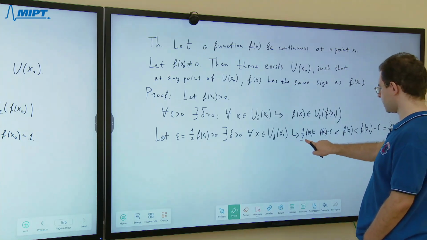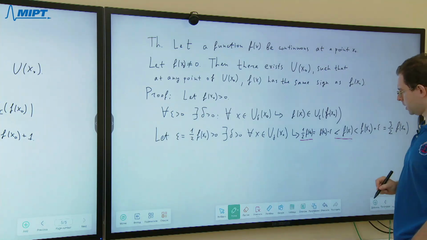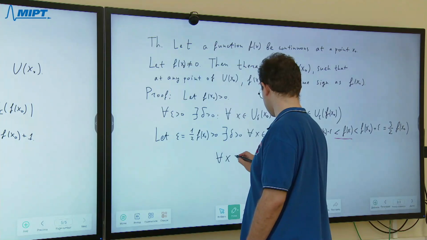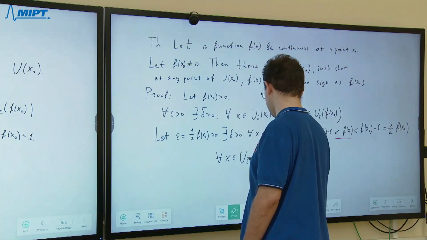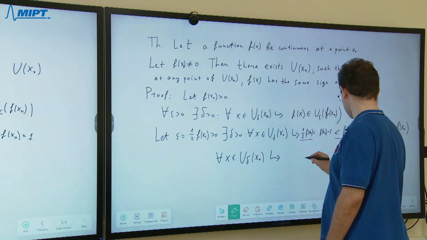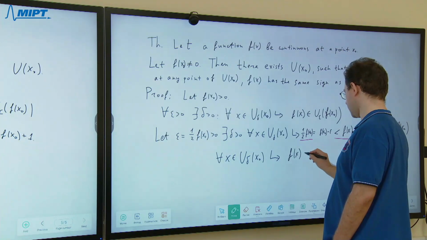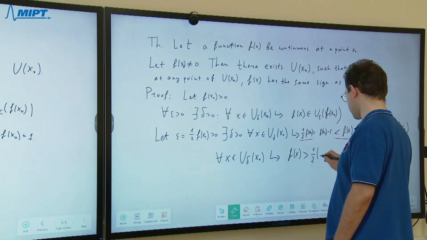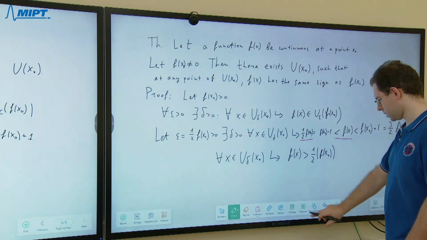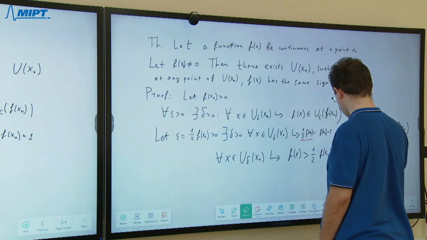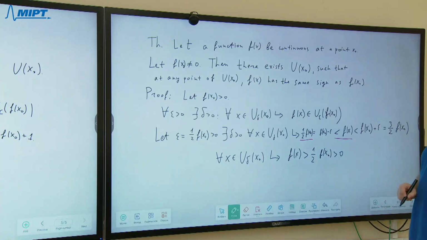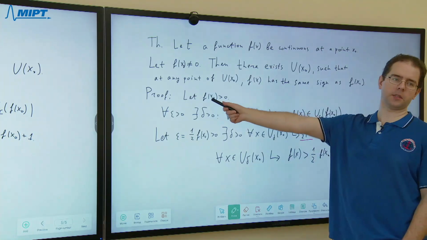So I care about this part of the inequality. So for any x from this neighborhood of x0, it follows that f of x is greater than 1/2 f of x0, which is greater than 0, since f of x0 was positive.